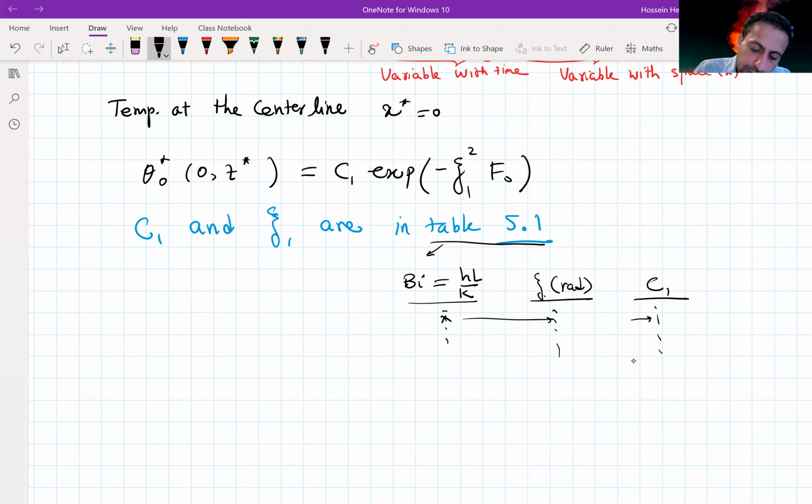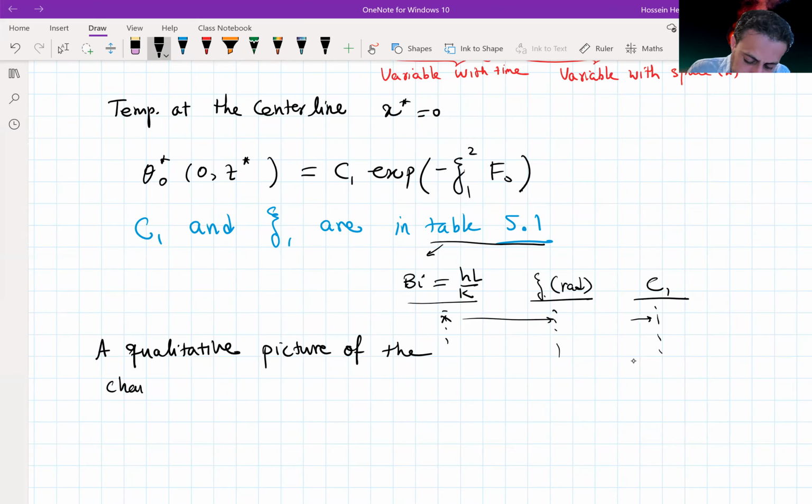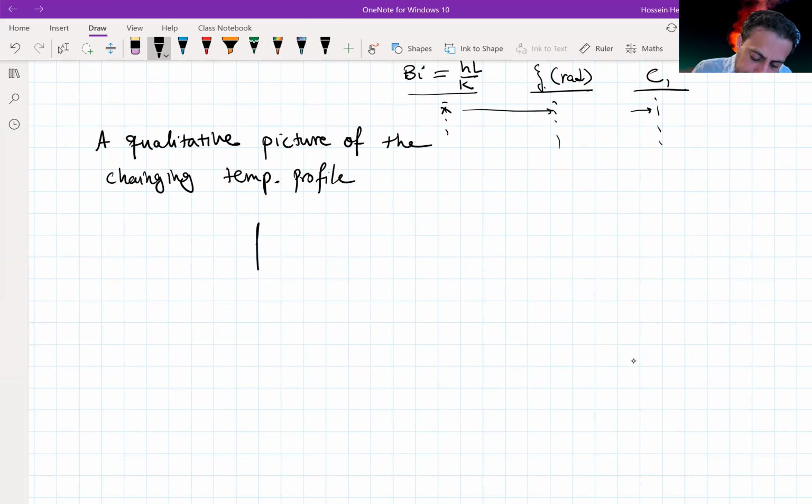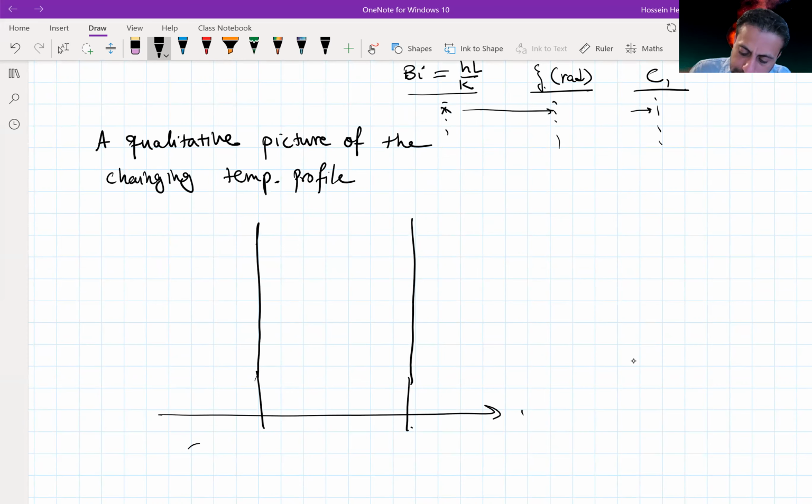Now, a qualitative picture of the changing temperature inside the wall, the profile, based on the solutions that we are finding, would be, let's say I have this wall and this is x.